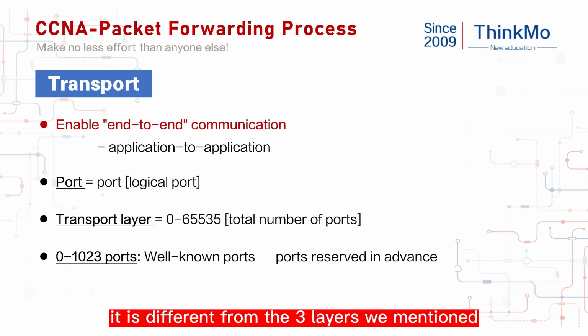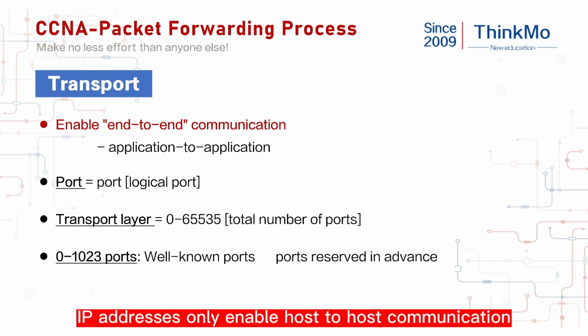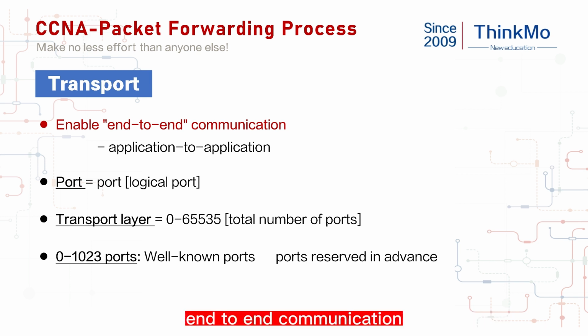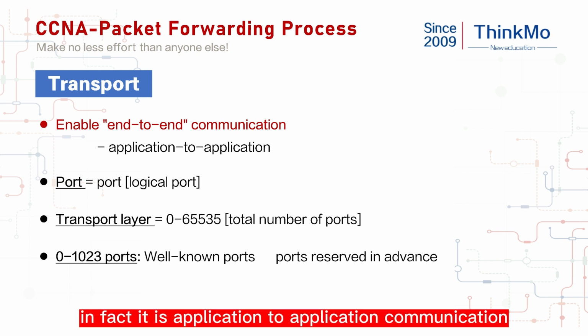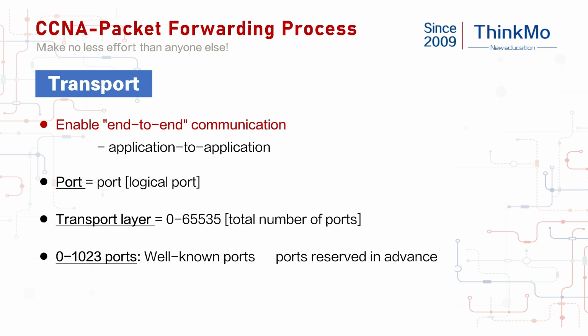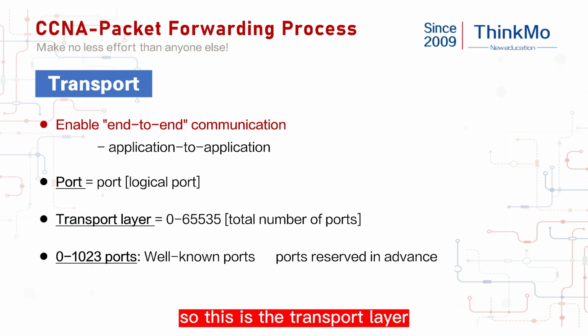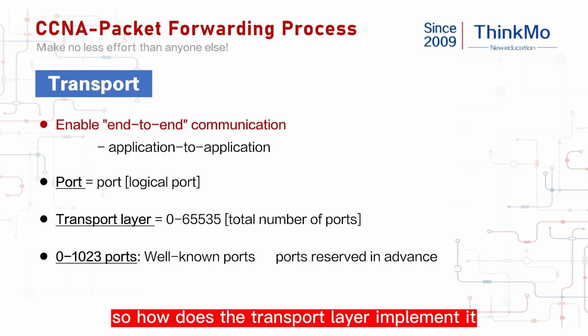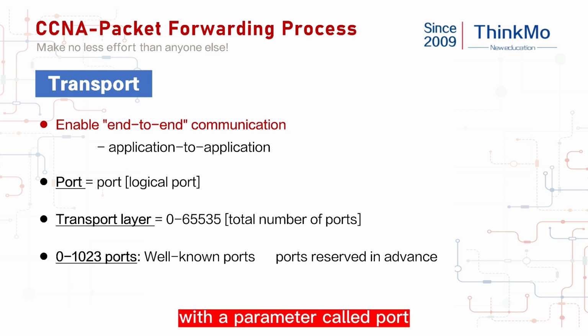It is different from the 3rd layer we mentioned. IP addresses only enable host-to-host communication. End-to-end communication is in fact application-to-application communication. So how does the transport layer implement it? With a parameter called port.